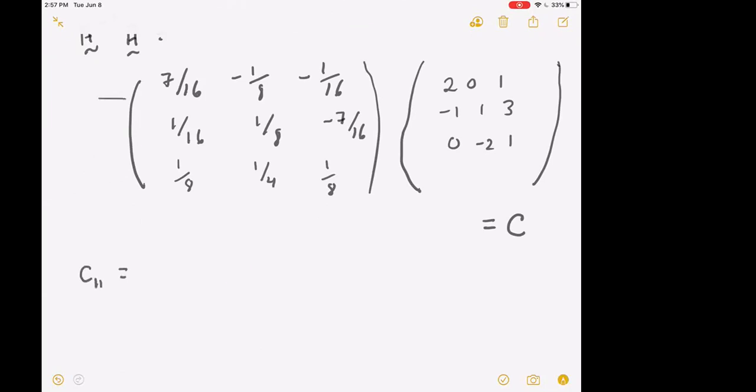So C11 is what you get when you multiply the first row of the first matrix by the first column of the second matrix. And as far as the first row is concerned, you have the following matrix elements. And each one of these gets multiplied by the respective matrix elements from the first column of the second matrix.